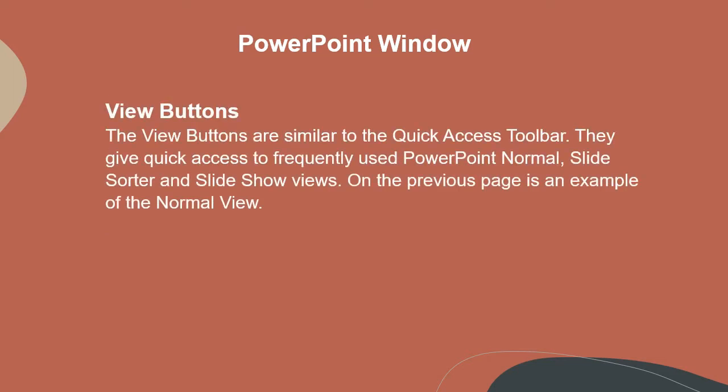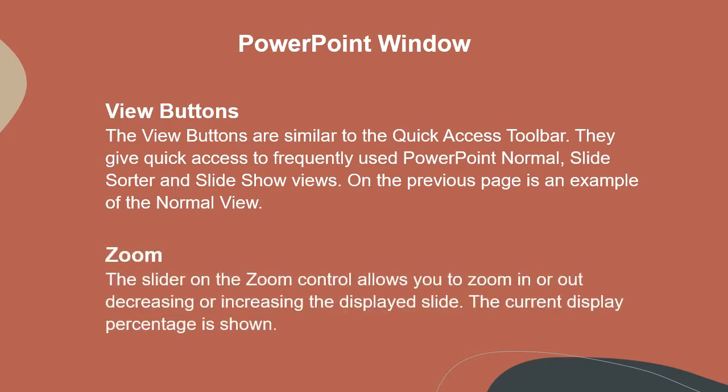The view buttons are similar to the Quick Access toolbar, and they give quick access to frequently used PowerPoint normal, slide sorter, and slideshow views. On the previous page, it is an example of the normal view. Zoom slider: the slider on the zoom control allows you to zoom in or zoom out, decreasing or increasing the displayed slide. Same with your other applications.